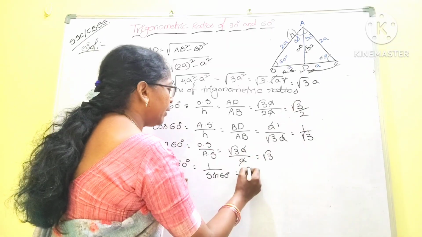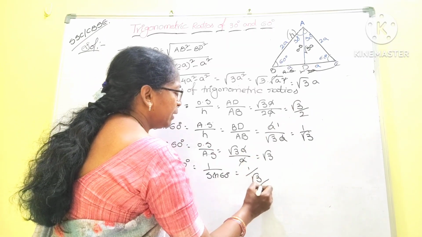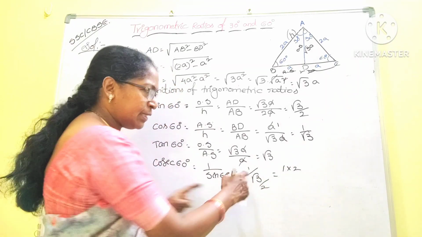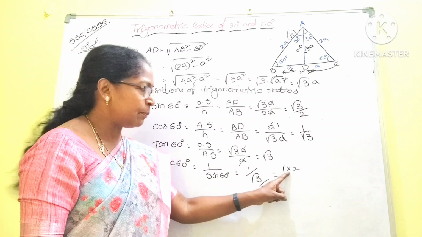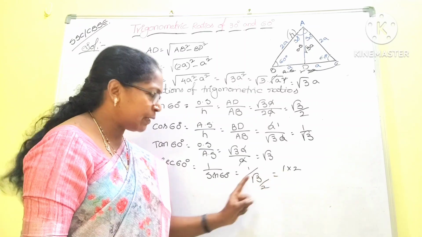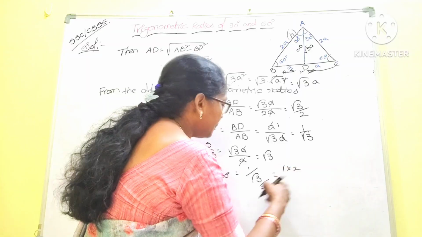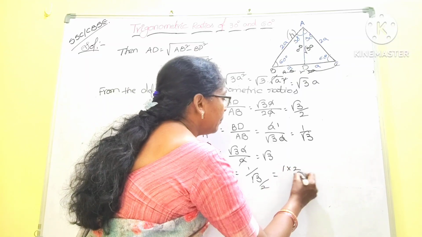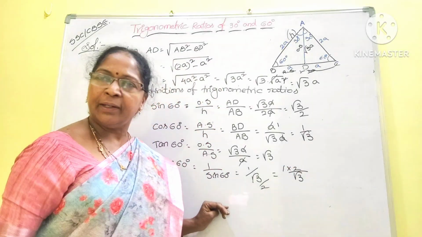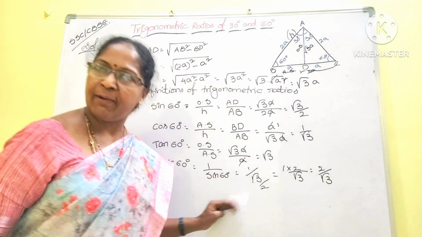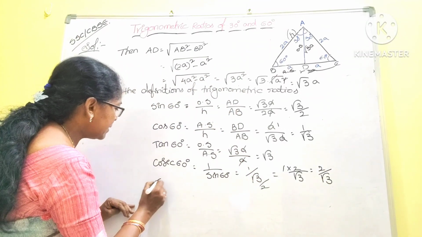Directly you can write the value 1 by root 3 by 2. That equal to 1 into the reciprocal: division will become multiplication and the denominator fraction will become the reciprocal. That means 1 into 2 divided by root 3, equal to 2 by root 3. This is the value. Now secant 60.